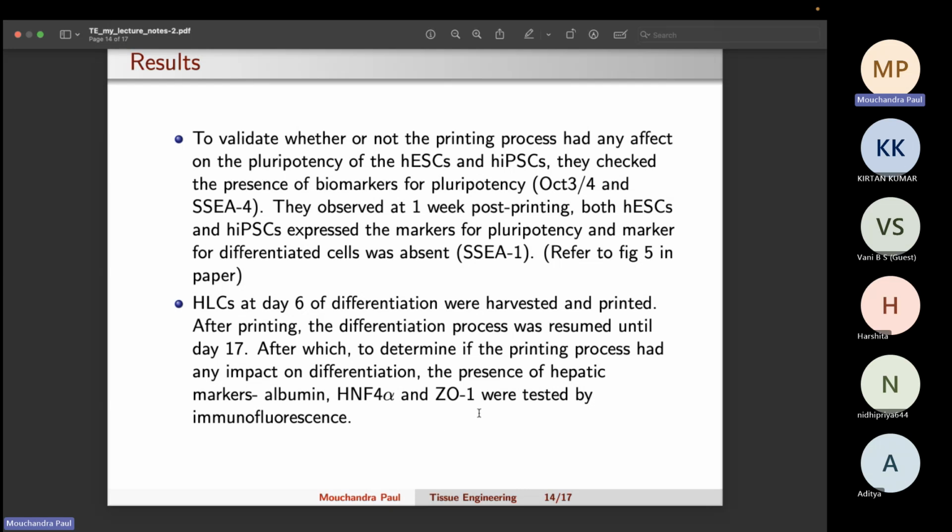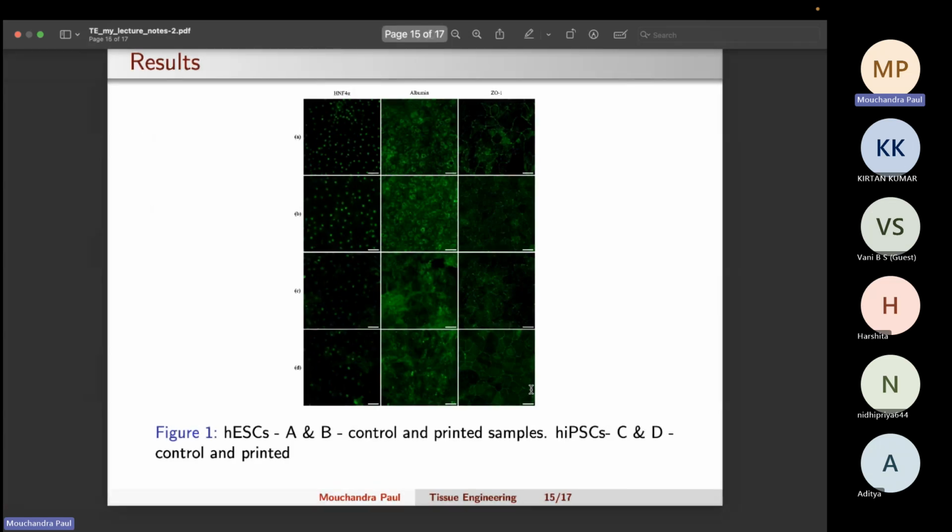Their presence they tested using a technique called immunofluorescence, where you use special antibodies that tag these markers, and these antibodies are themselves conjugated with a fluorescent dye that can be seen under a confocal fluorescence microscope. Then you can see whether these markers are there or not because of the light. So this is the type of pictures that you often get using the immunofluorescence technique.